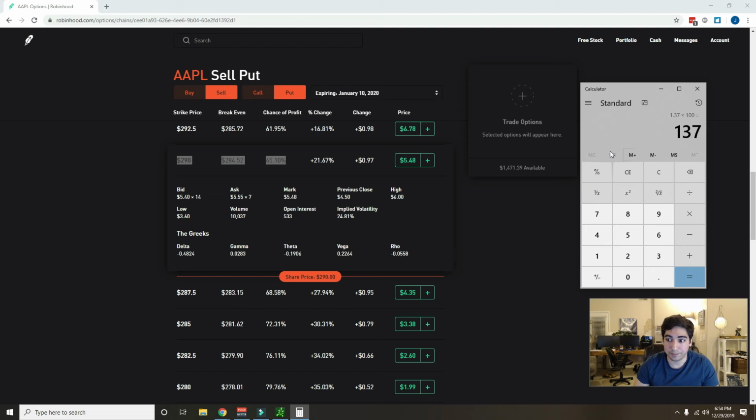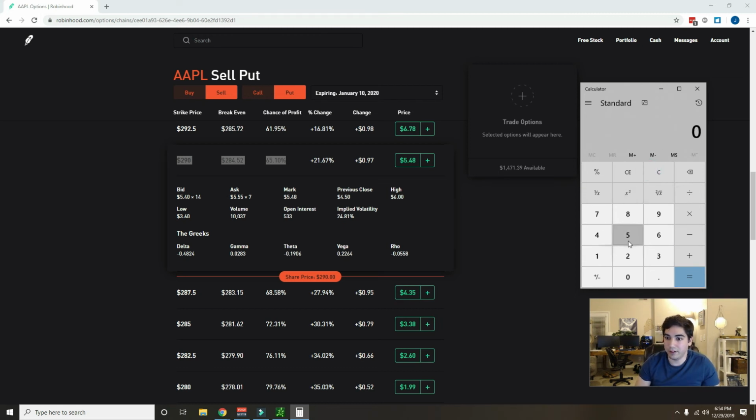So if I'm winning $113 every time I'm right and losing $137 every time I'm wrong, it looks like 113 times 6 is 678, and then 137 times 4 is 548.